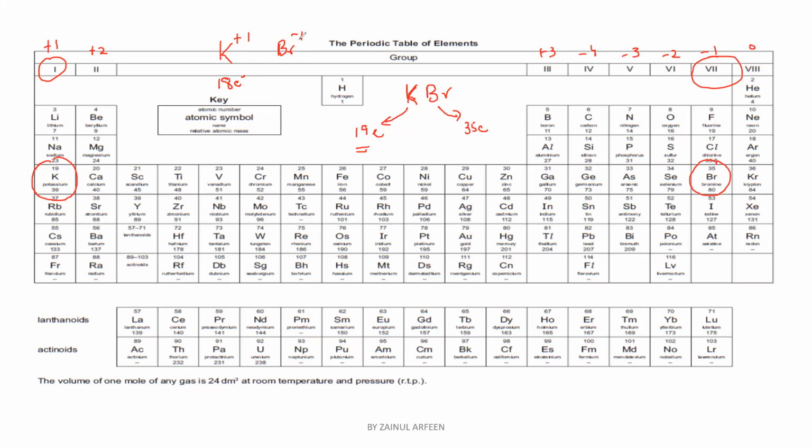And bromine is minus 1, so it has an extra electron. Originally it was 35 according to the proton number, but because it gained an extra electron, how many electrons will be there? 36. Again, you can see this cannot be the right answer because both ions do not have the same number of electrons. Is it clear why option B cannot be the right answer as well?